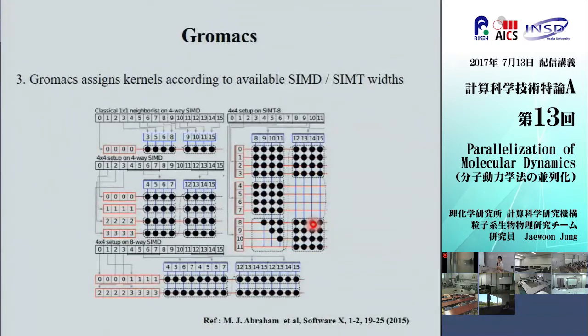And let's go to the Haswell machine. In the case of Haswell, 8 SIMD is available, so GROMACS makes use of a kernel for 8 SIMD. So they make use of different SIMD kernels according to architecture. And in the case of GPU, 32 SIMT is available, so they make a kernel such that 32 SIMT is available.